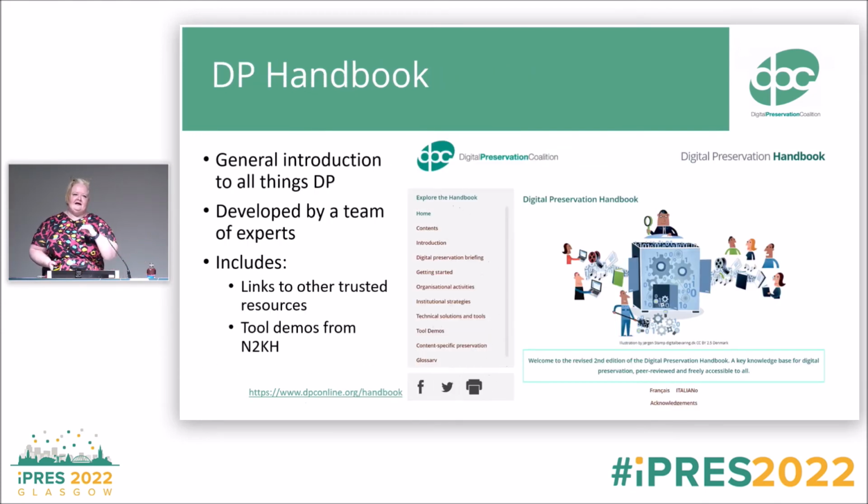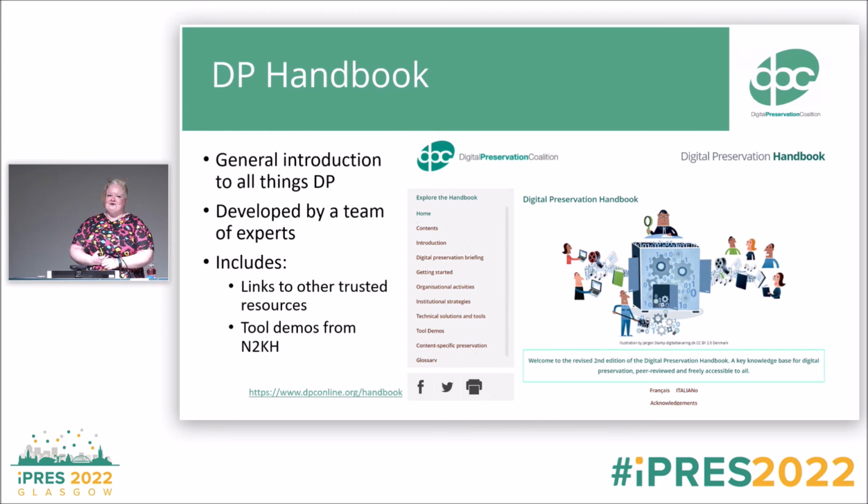Second up, again at the beginner level, or starting to move a little bit up, is the Digital Preservation Handbook. Again, that's something else that falls within Amy and I's scope in workforce development. It's a general introduction to all things digital preservation, and was developed collaboratively by a group of digital preservation experts through what we call book sprints, where we basically lock them away in a room for a couple of days and force them to write sections of the handbook.